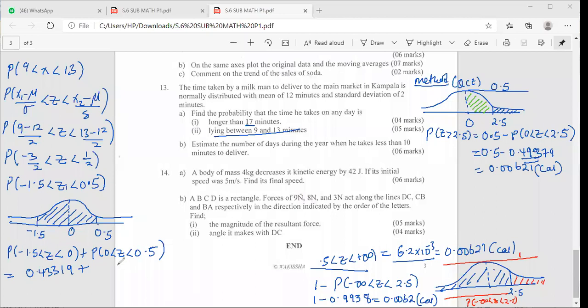And for 0.5, we have 0.19146. And you add, what answer do you get?